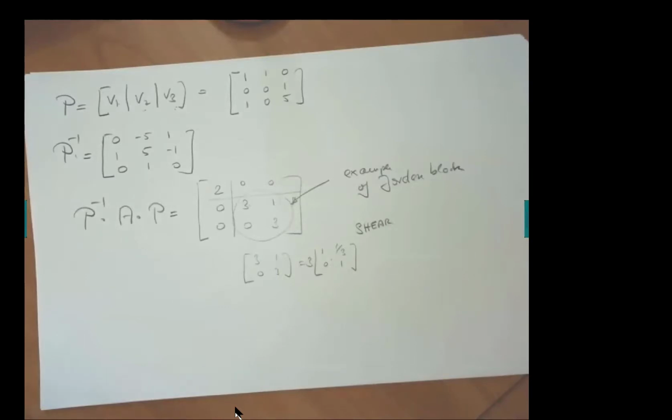So for every matrix, we can always find a basis of generalized eigenvectors such that P inverse AP is a matrix where along the diagonal are all the eigenvalues, and some of them have ones on top.